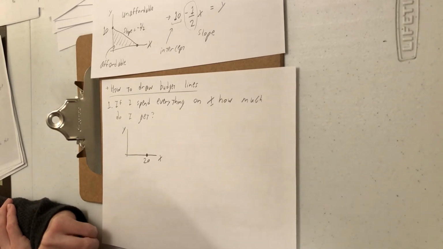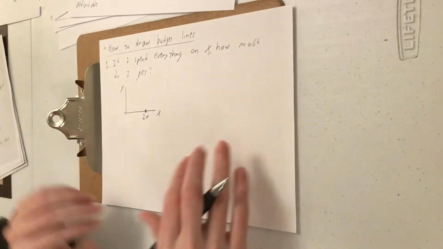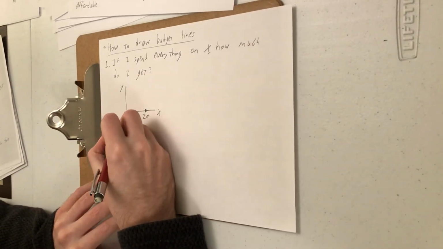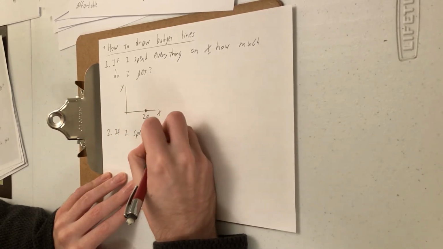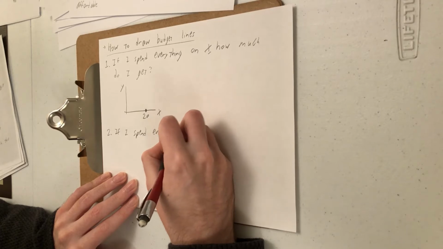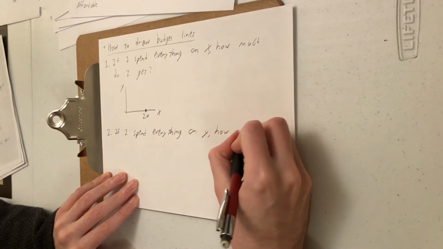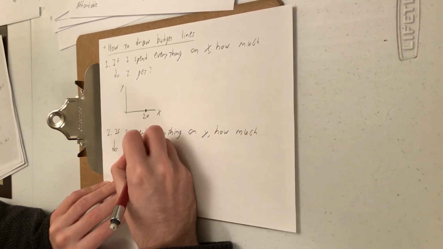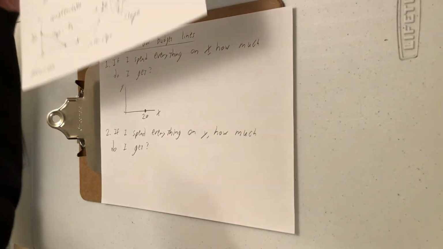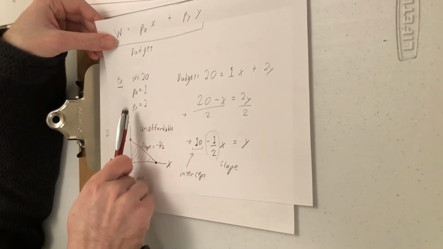Then you ask yourself the same question about Y. In our example, we had $20.